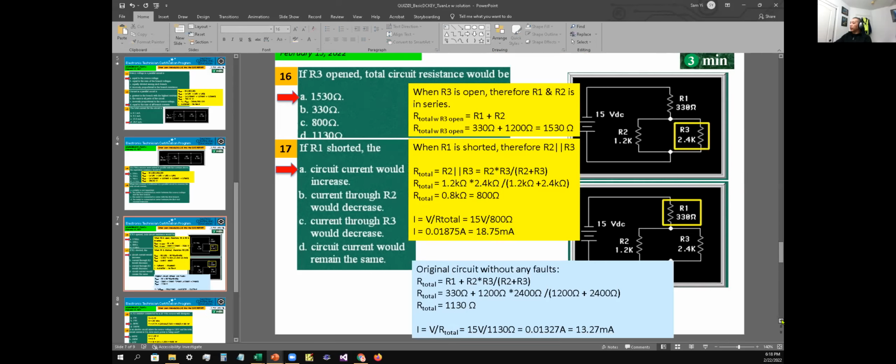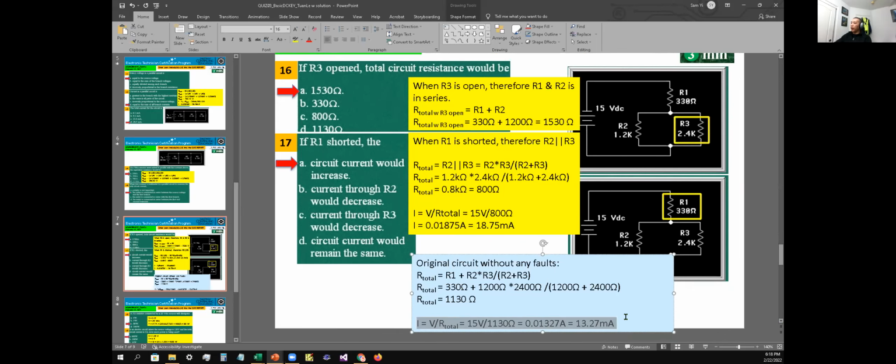Originally, when you have the total with all the parts in place, you have about 13.27 milliamps. But when R1 is shorted, you got an increase of current to 18.75 milliamps. Okay, so the answer is A as in apple for 17.